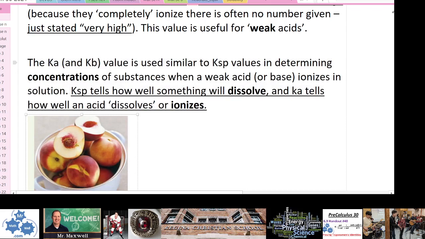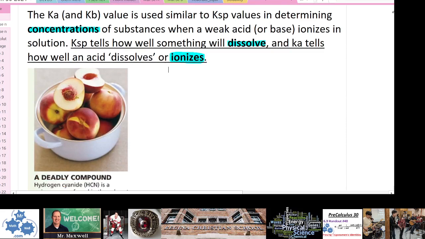In determining concentrations of substances, when a weak acid or base ionizes in solution, the Ksp tells how well something will dissolve. The Ka tells how well an acid dissolves, or the term we use specifically for acids would be ionizes, so produces those ions. Hopefully you're seeing the connection there between Ka and Ksp, right?